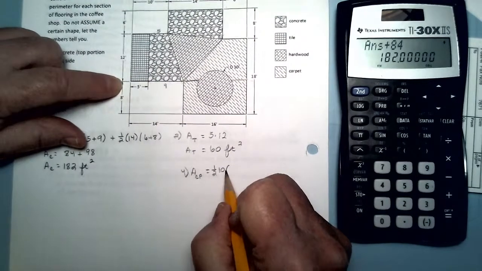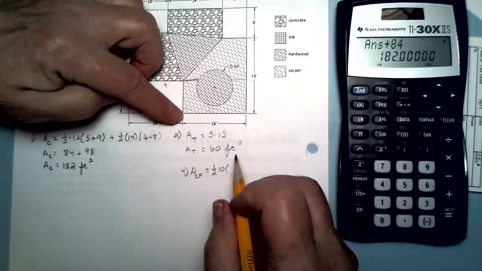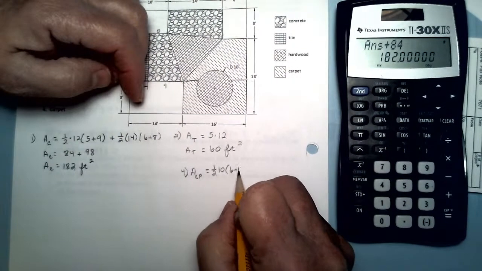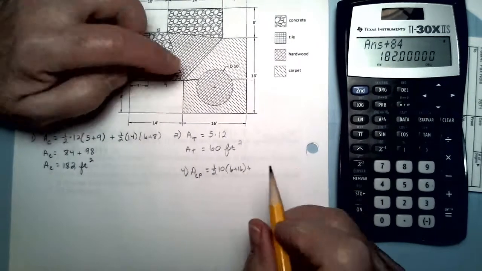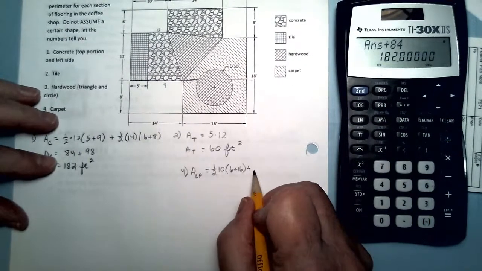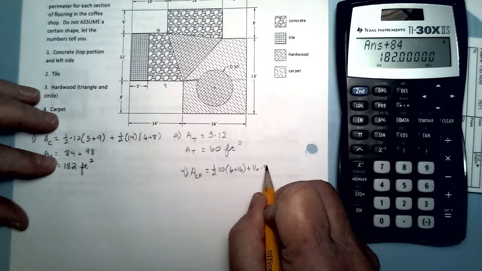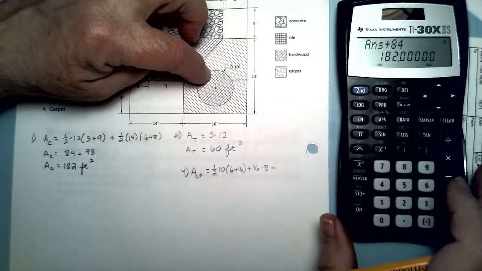So my height is 10, and my bases are 6 and 16, so 6 plus 16. For the bottom part, it's just length times width, so 16 by 8. And remember, I have to subtract the circle. What's the formula for the area of a circle?